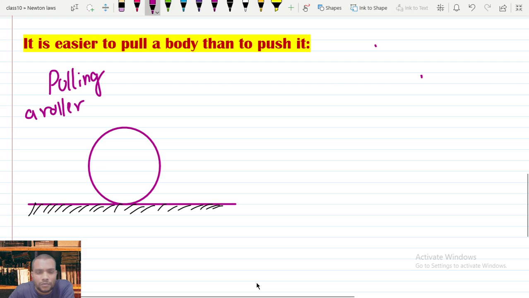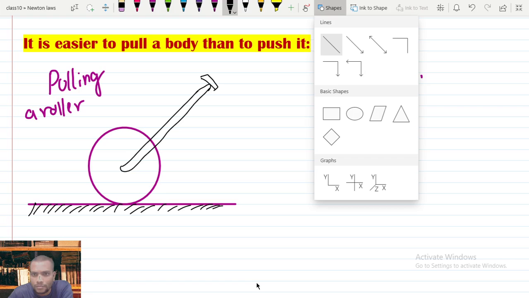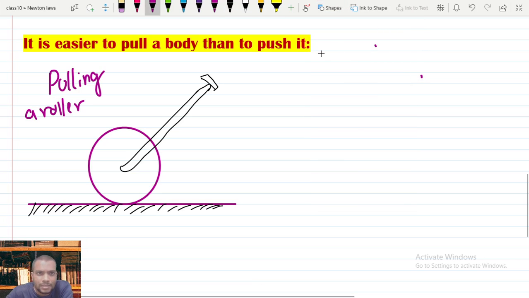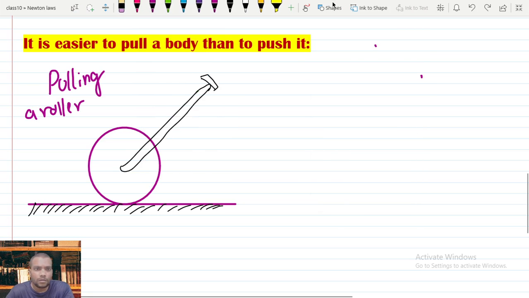So we need to apply force. Suppose I draw a roller handle. We need to apply force on the handle. So this is the direction of the applied force.